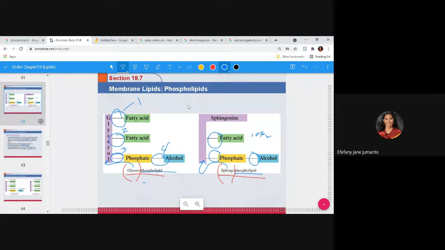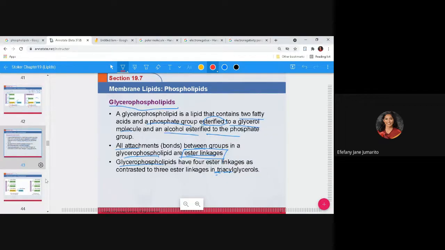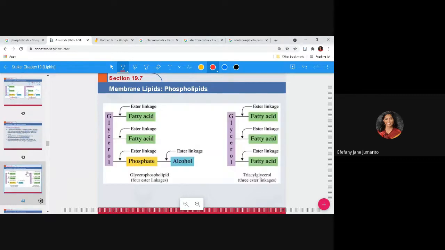Three. Your glycerol is the backbone. Then we have three fatty acids, FA, FA, then FA. So we have 1, 2, 3. All right. Thank you, John Lloyd. So that's it, your glycerophospholipid.